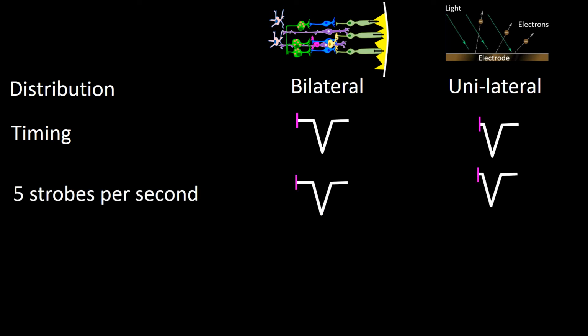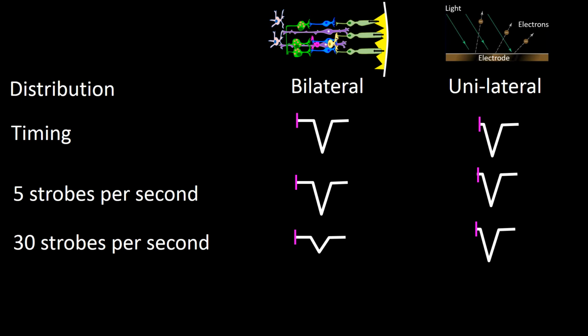Another alleged distinction is that the amplitude of these two artifacts at lower frequency, let's say 5 flashes per second, becomes smaller in cases of a retinoelectrical artifact if the frequency is sped up significantly, whereas that will not happen in photoelectric artifact.